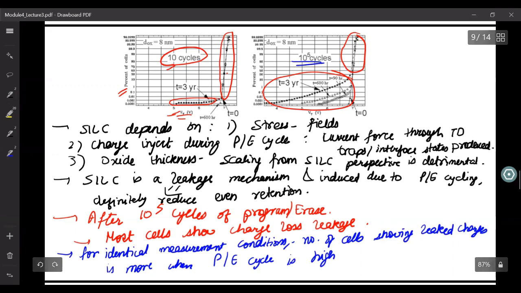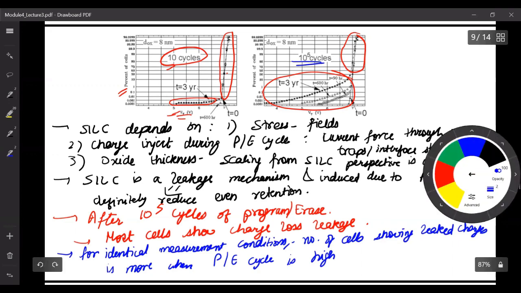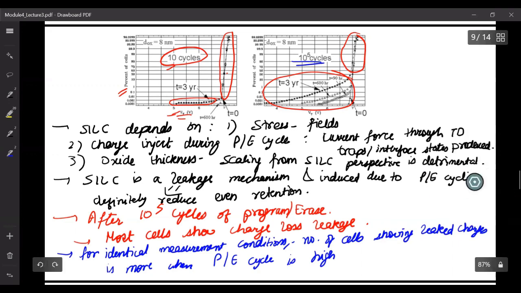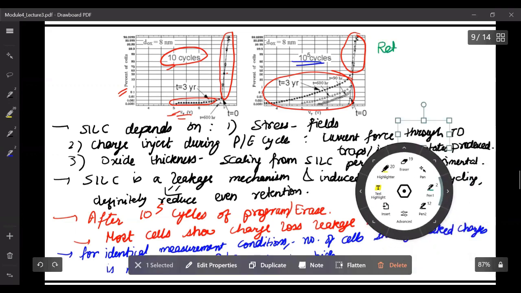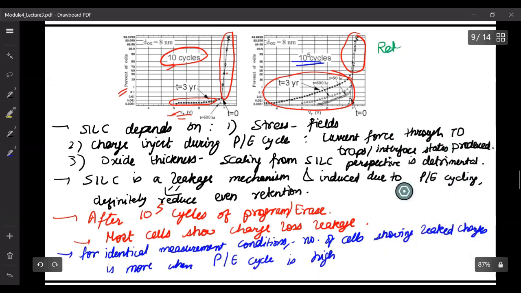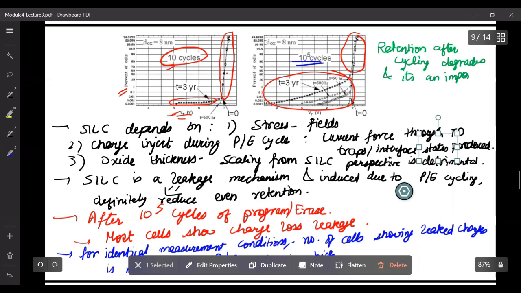So this simply means that retention after cycling degrades, and it's an important concern. It's a very important concern.